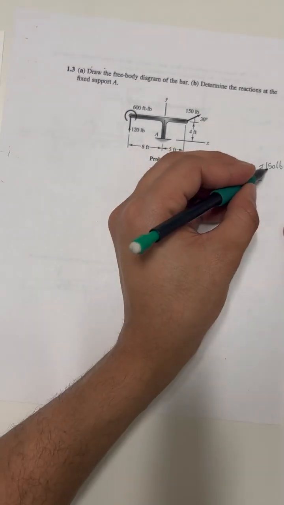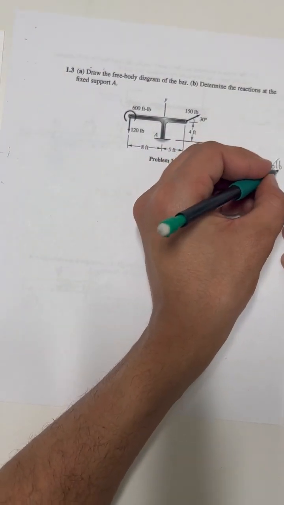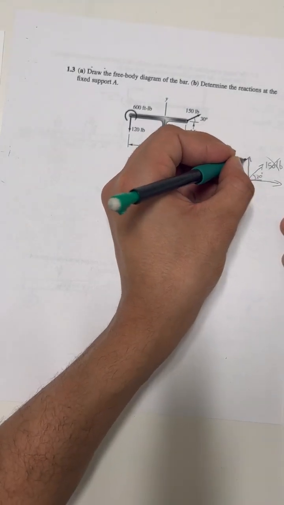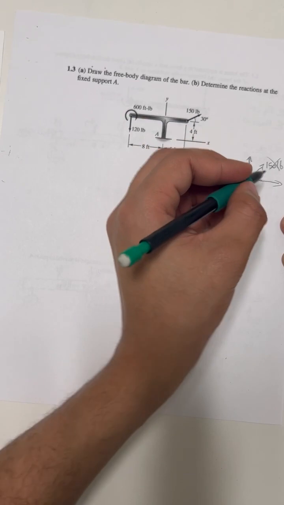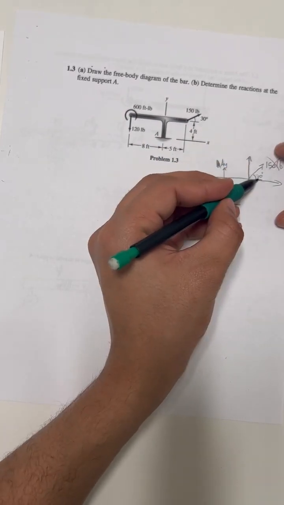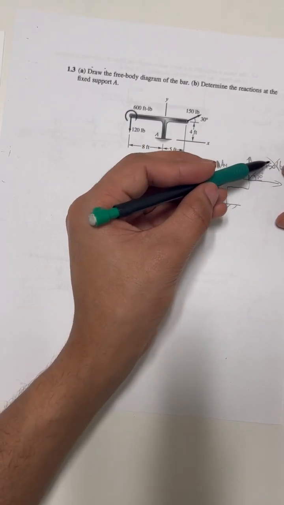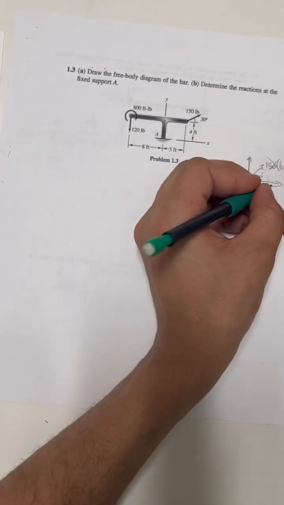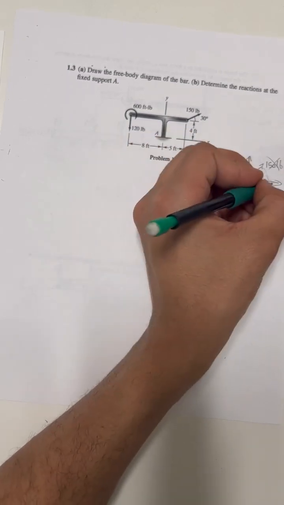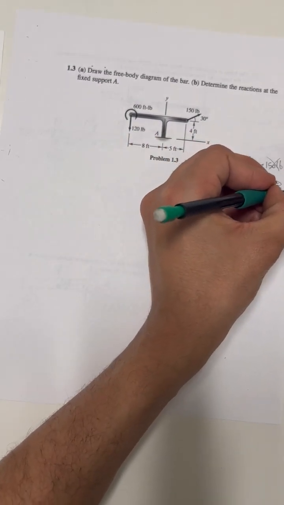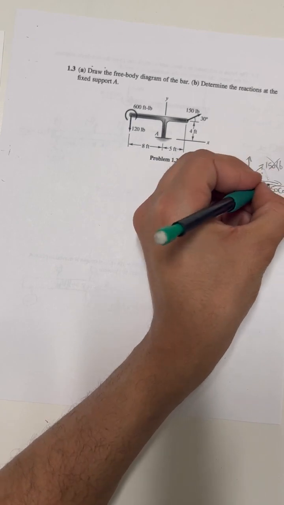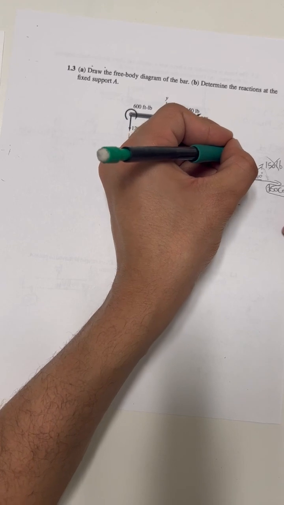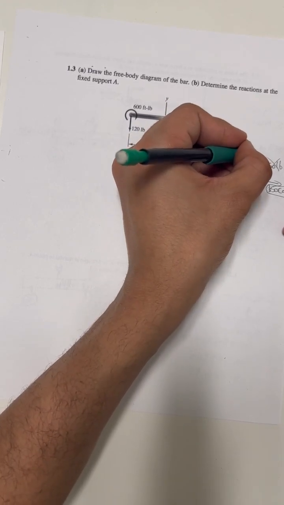Okay, so what you're going to do here is cancel out this one and make two forces, one on the x-axis and one on the y-axis. So anytime you see that, this part will be 150 cosine 30, and here will be 150 sine 30.